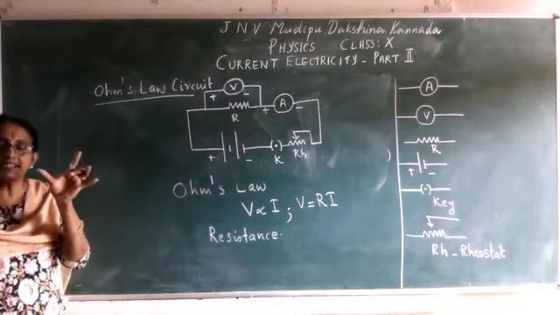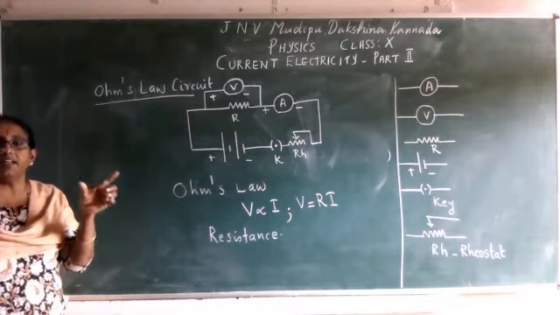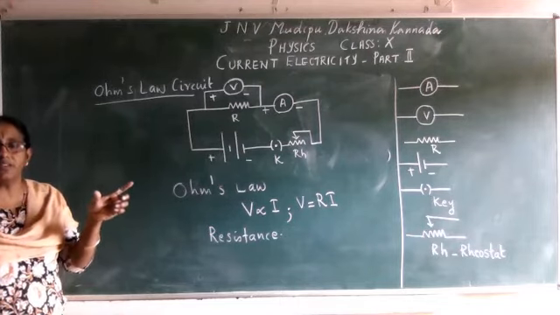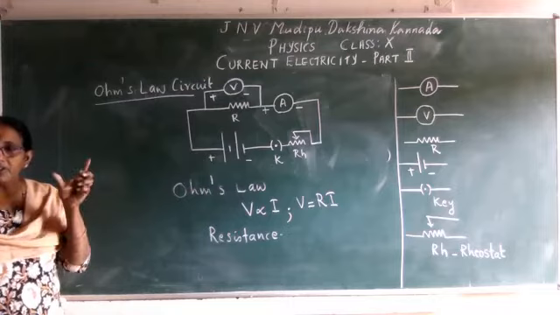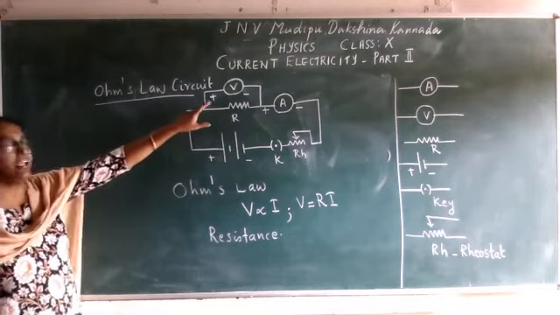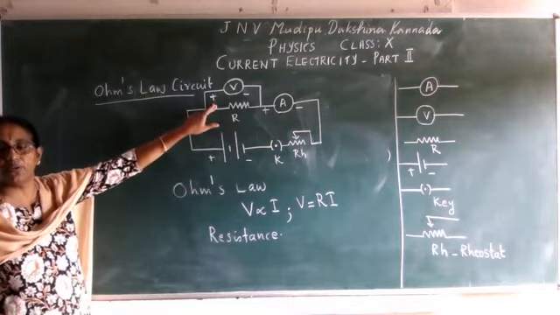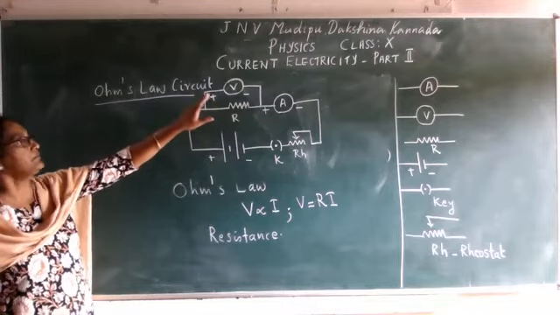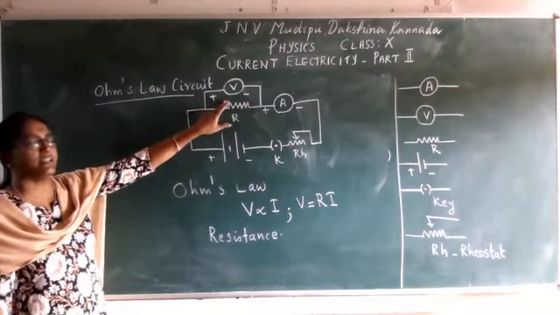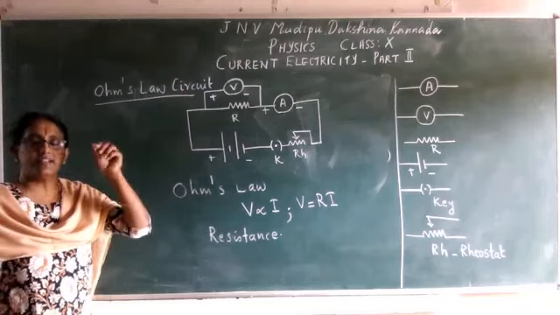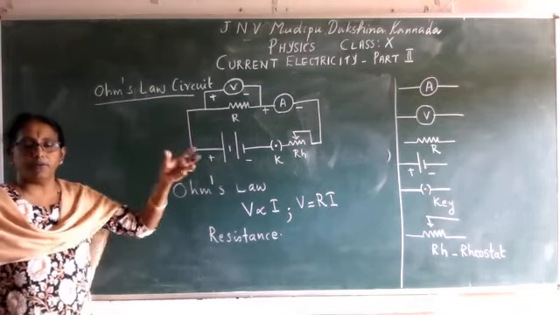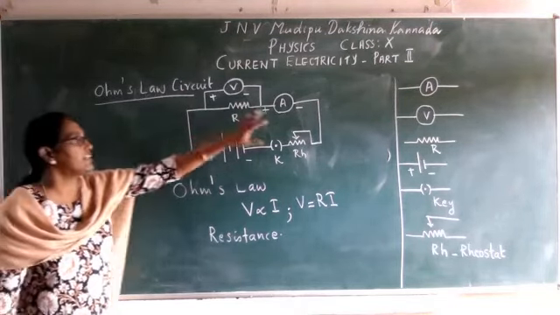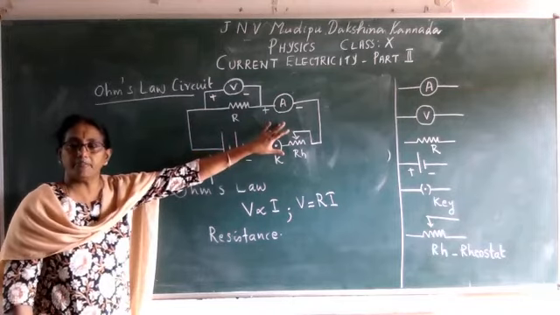Just like the scale you use in day-to-day classroom activities, or in mathematics. You have to note how to take readings from the voltmeter. It may be something like 0.5 volt or 0.4 volt. Correspondingly, take the reading from the ammeter.